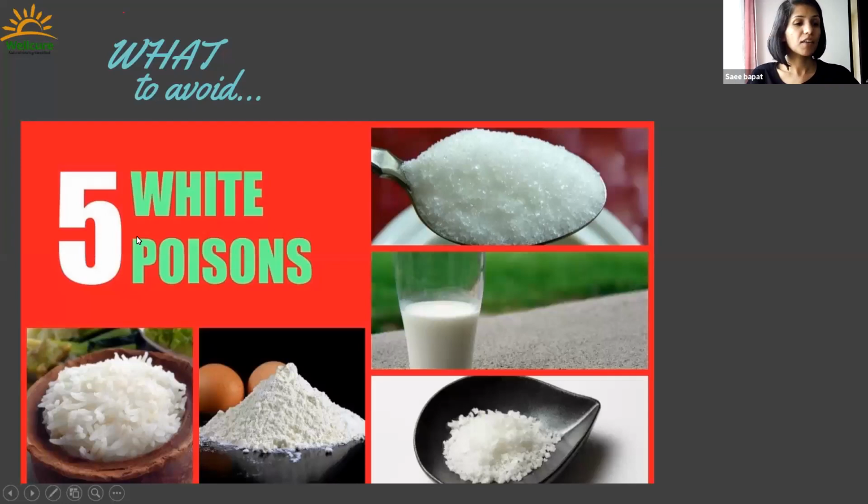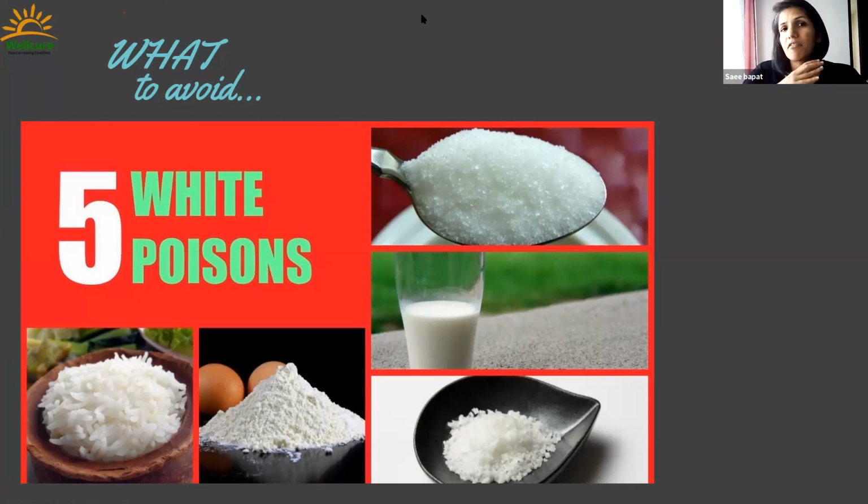Okay, so basically we are going to stay away from processed food. Basically 5 categories: refined sugar, refined salt, refined grains like rice and all other grains also, refined flours, and also animal products. Animal products means dairy, which consists of everything in that, and then meat, and even eggs, because, as you will understand as you go through this course, we don't need animal products for fulfilling our nutritional requirements.